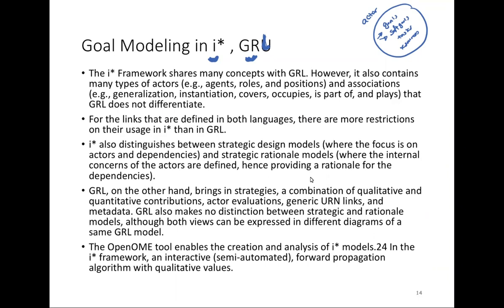The only difference is that in I-star, it contains many types of actors, not just one. We call the I-star notation agent-based modeling.